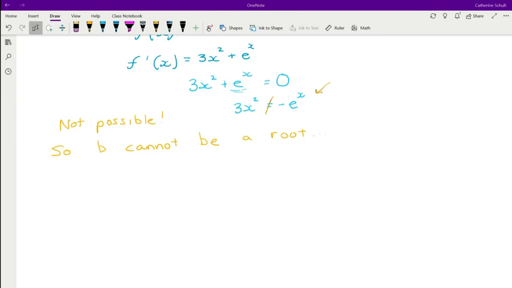So this shows us that there must be exactly one real root. All right, and then that's that, and that's the proof by contradiction. Okay, so there you go.